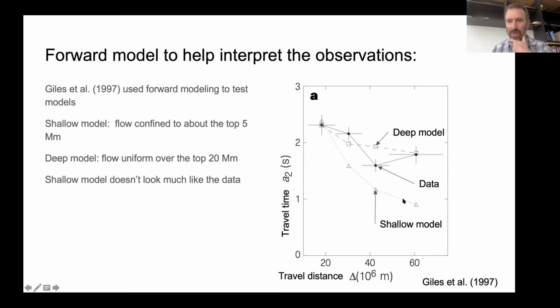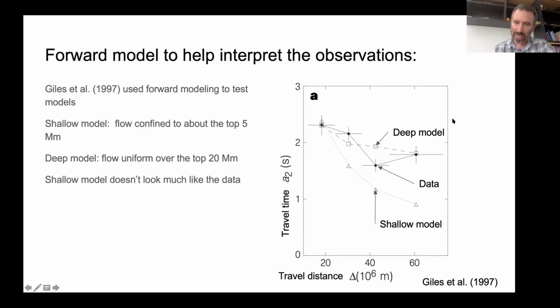More and more of the ray path is below the shallow layer, and the rays are much more vertical when they're coming through the shallow layer. So you get smaller travel times as you increase the travel distance. And that drop off is much less severe in the deep model.